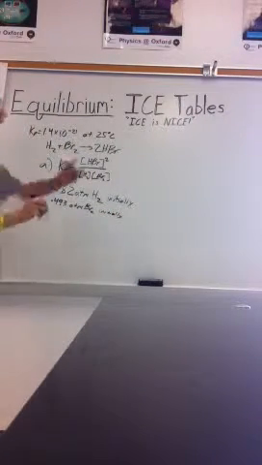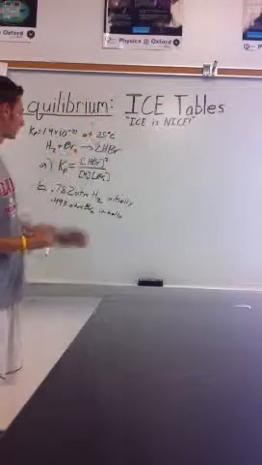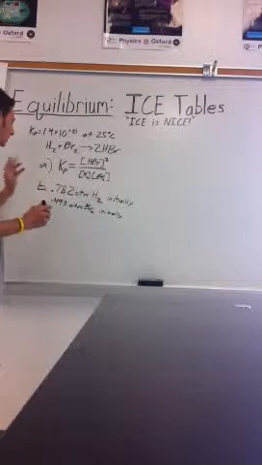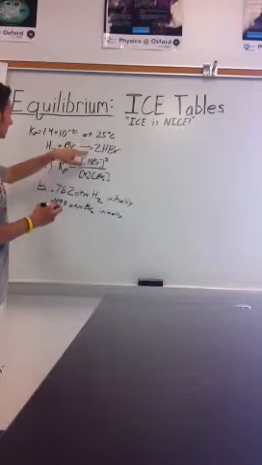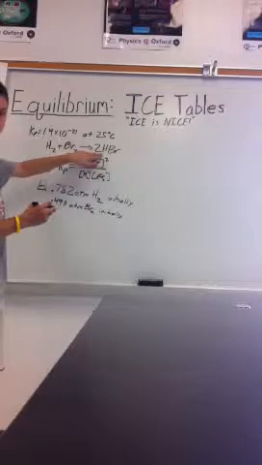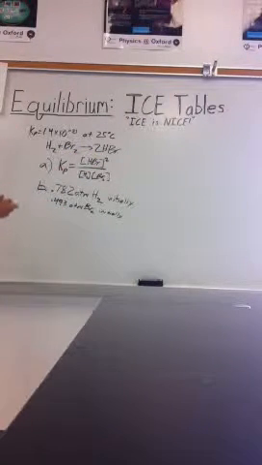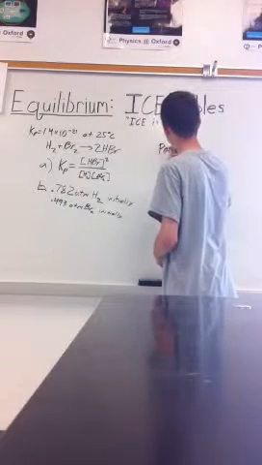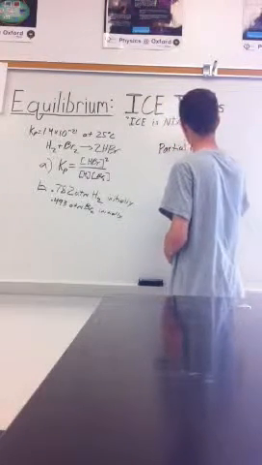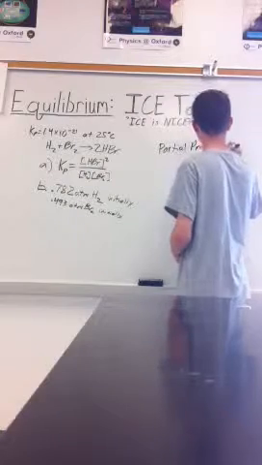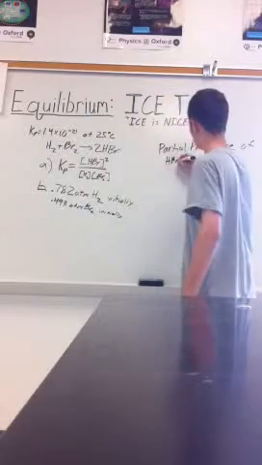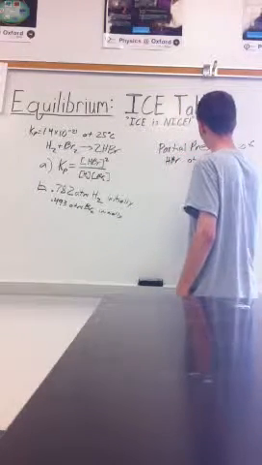Okay, this is the I part of the ice table. This is the initial concentrations. These 2 gases are put into an evacuated cylinder. This means that the HBr at the end of the equation is not yet present. So, when you see this, the question that arises is find partial pressure of HBr at equilibrium.